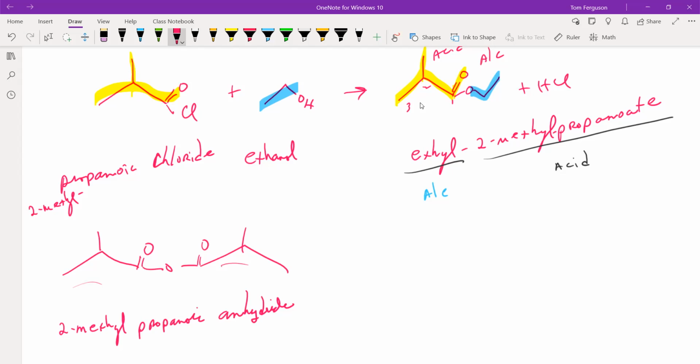Okay, so we're having the anhydride plus ethanol, and here's our acid, plus the leftover.